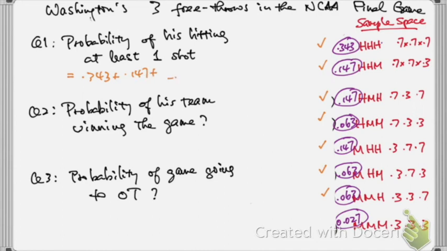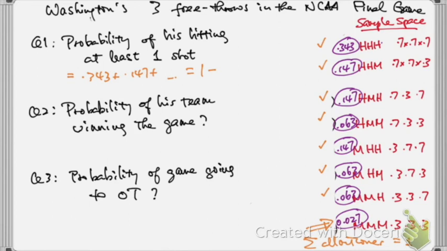Now notice that I can also do 1 subtract the one where he missed all 3. Because the thing about probability is that if you add up all the probabilities in the sample space, it always equals 1. The summation of all outcomes must always be equal to 1. That's one of the properties. In other words, one of those outcomes must happen, right? So therefore, if you add up all the probabilities, it has to be equal to 1.